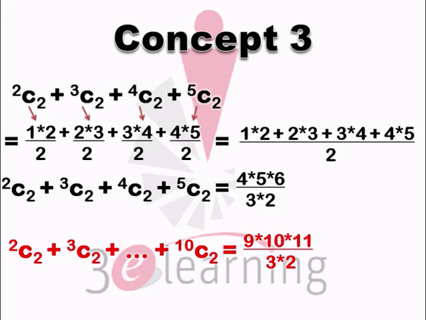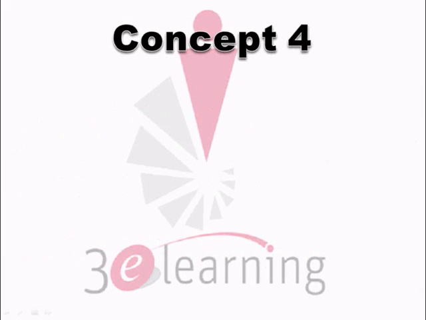For 2c2 plus 3c2 till 10c2, that is r is 2 and n varies from 2 to 10, we have nothing but 9 into 10 into 11 by 6. Since we have 10, it becomes 1 less and 1 more, so 9, 10, 11 divided by 6, which in turn becomes 165. This is concept 3, which is the extension of concept 2.